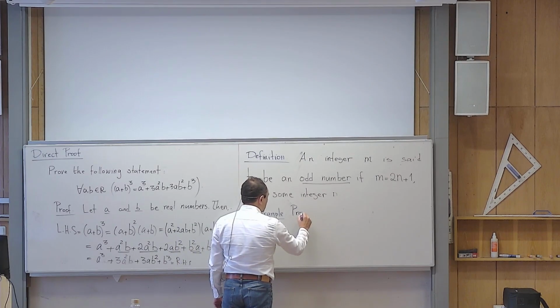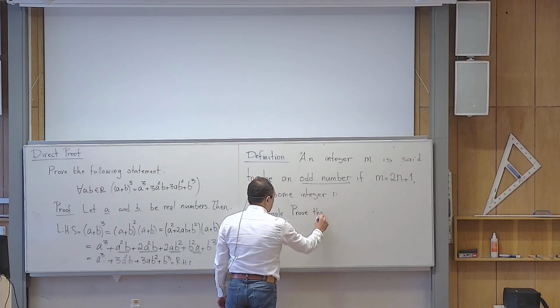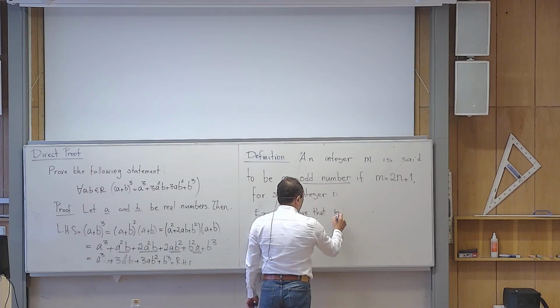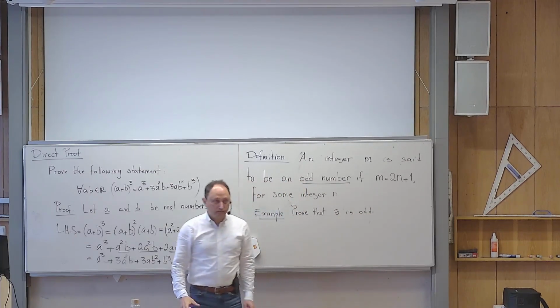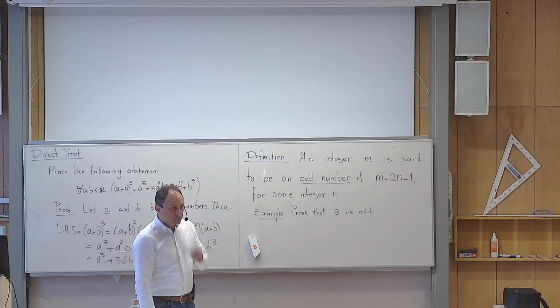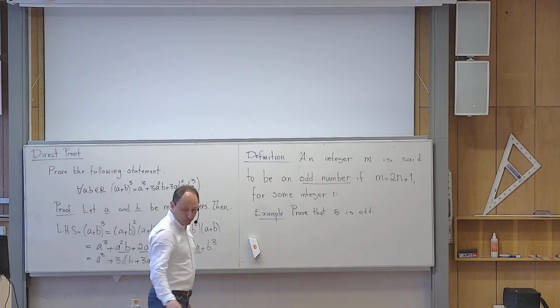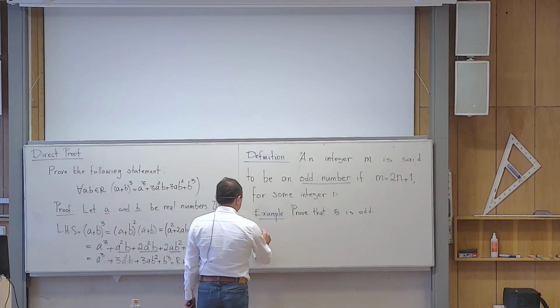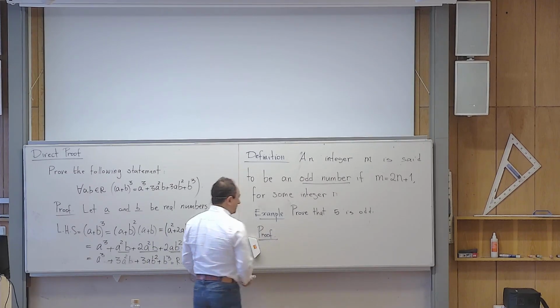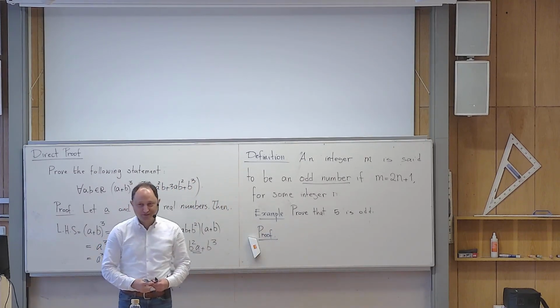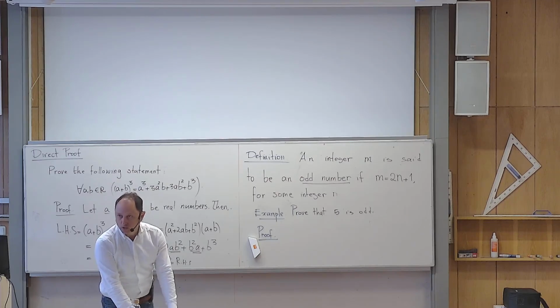Prove that 5 is odd. So what should I write now? So you start with proof. Okay. How do you write your proof? I want you to prove that 5 is odd.